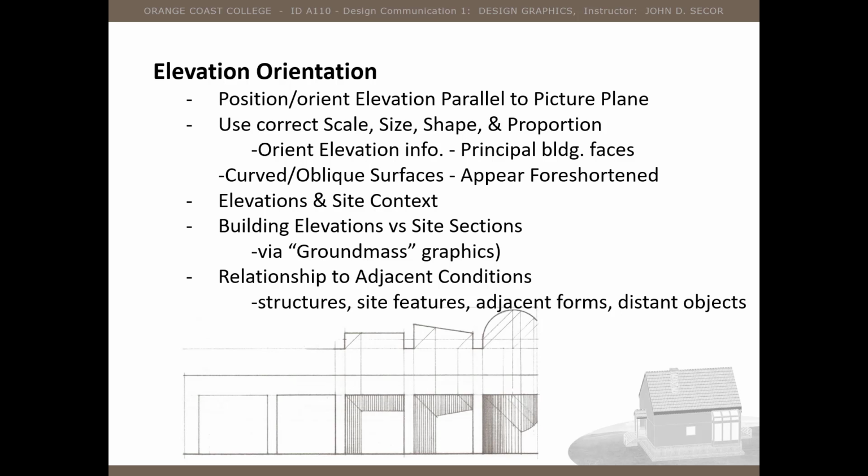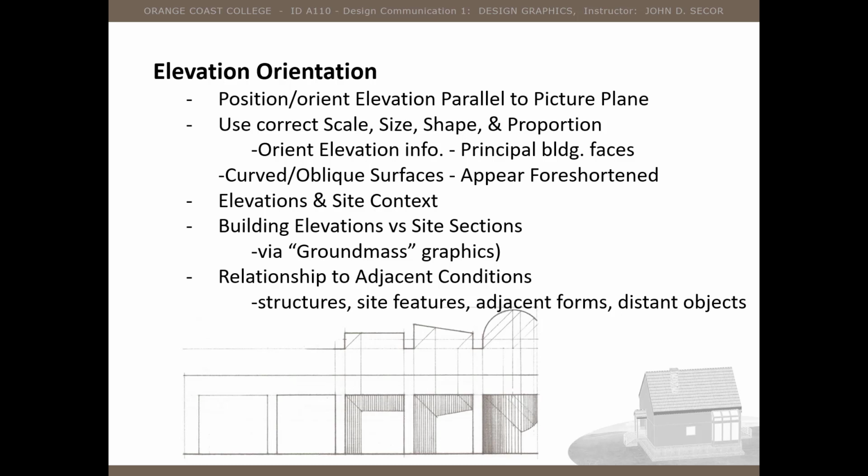The great thing about this is that we can use very similar tools that we used in the plan drawings and the section drawings, and that is that we're using scale, size, proportion, all those things to match up. So the same scale for the plan is the same scale for the section, which is the same scale for the elevations. These all become interrelated and help us to put the parts together of this multi-view drawing.